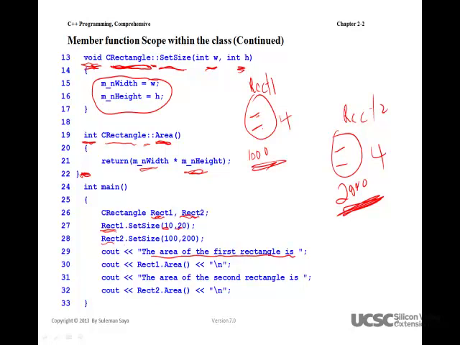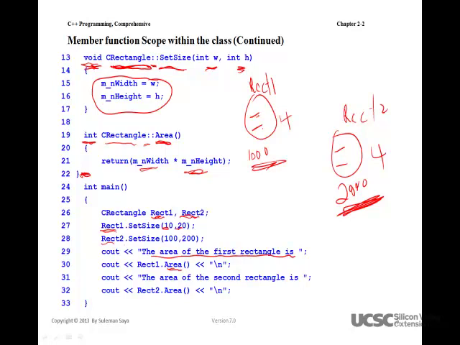At line number 30, all I'm doing is calling the area function. Now, as you notice, that area function is doing not much. It is just returning the value after multiplying the width and height. So it will figure out what the value is, and it will return that value, and the cout object's job is to display that value.